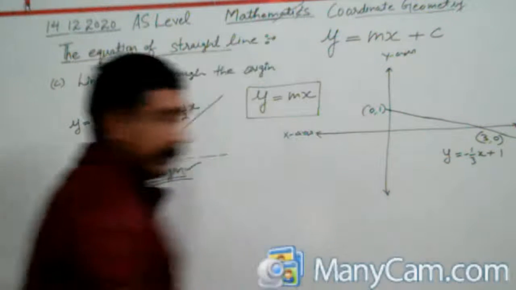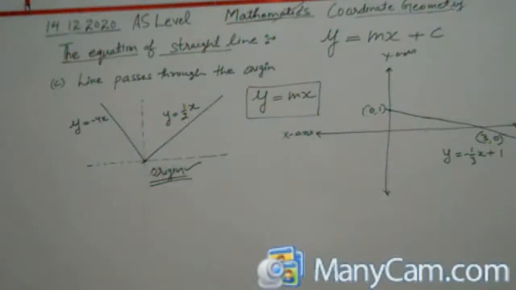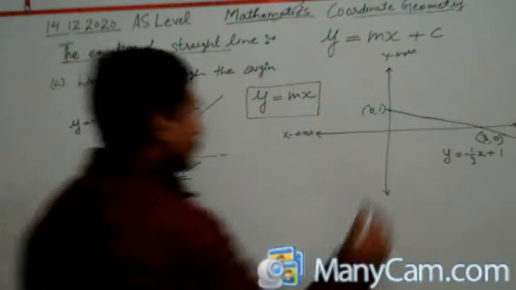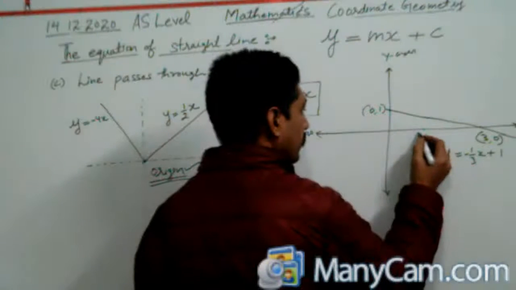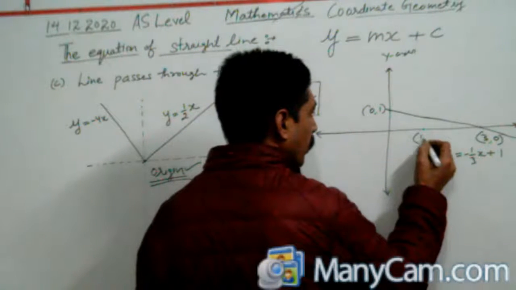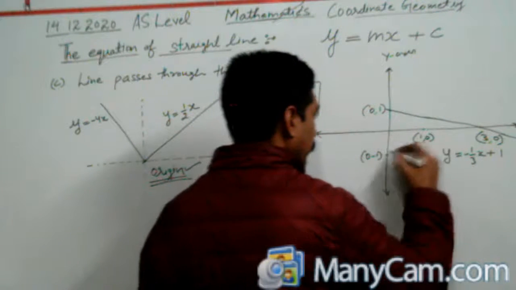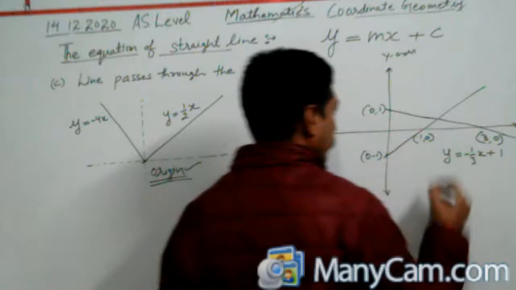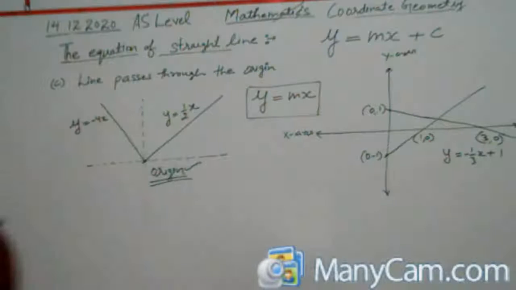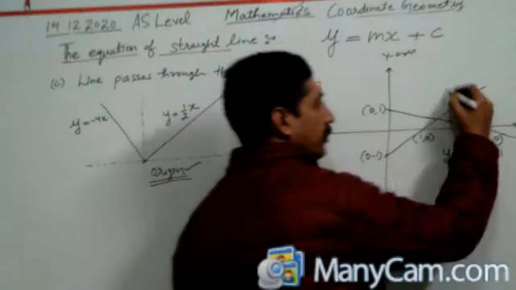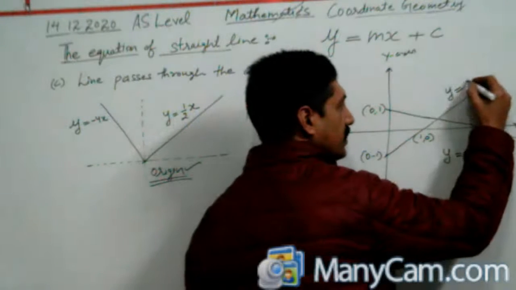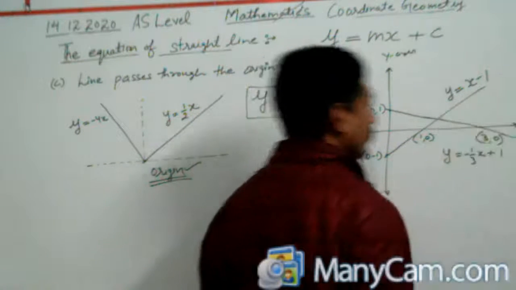And if we have another line through (1, 0) and (0, minus 1), then the equation of this line will be y is equal to x minus 1.